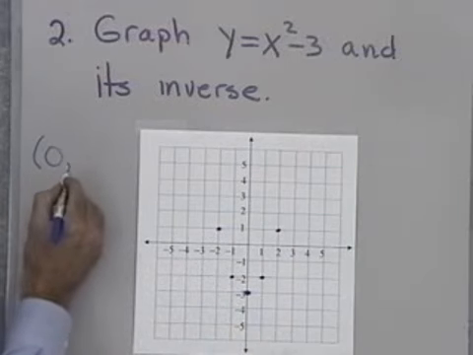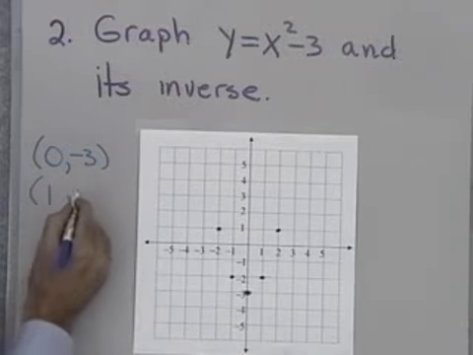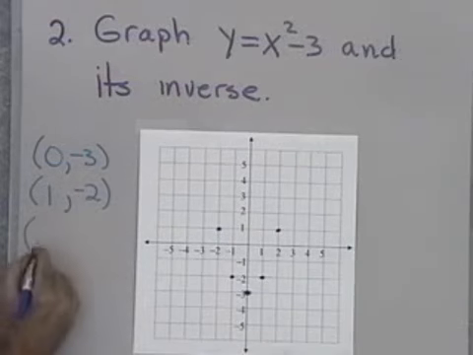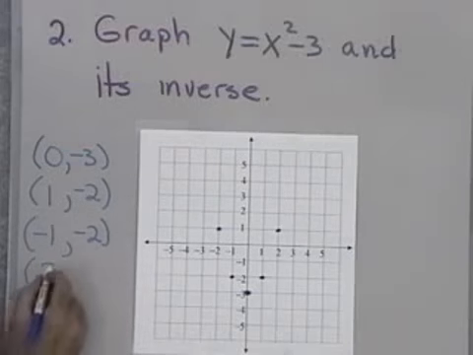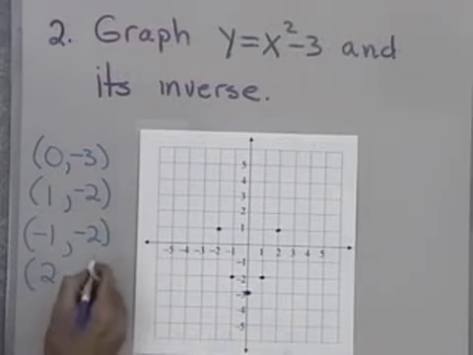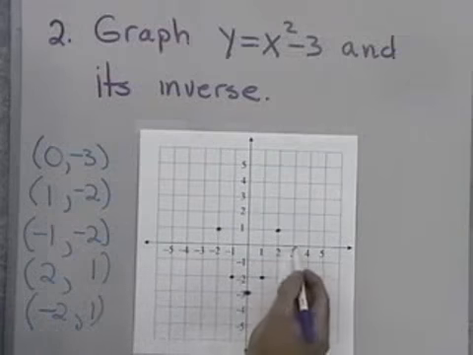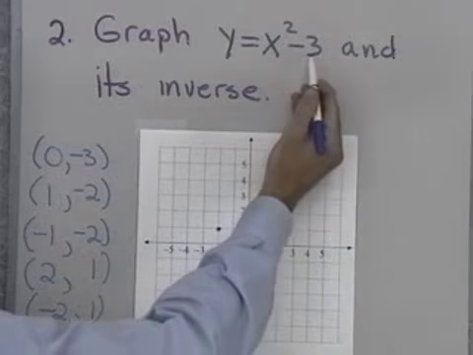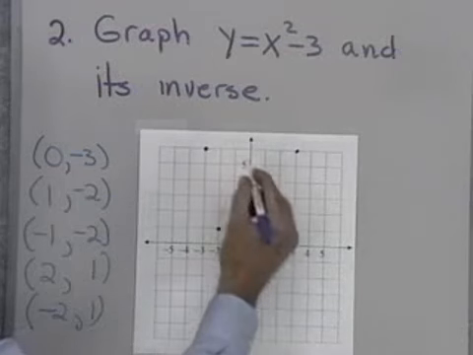So I have these points. X is equal to 0, y is equal to negative 3. X is equal to 1, y is equal to negative 2. X is equal to negative 1, y is equal to negative 2. X is equal to 2, y is equal to 1, and x is equal to negative 2, y is equal to 1. Now, if I was to put in 3, I'd get 9, subtract 3, which is 6, so that's this point right here, and now we get this point also.